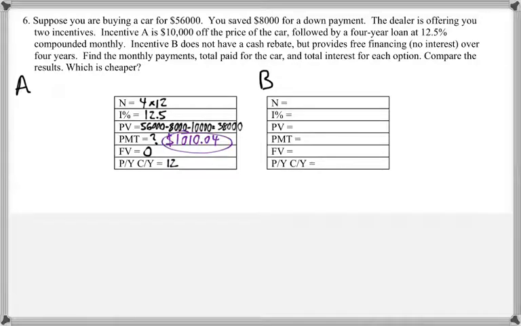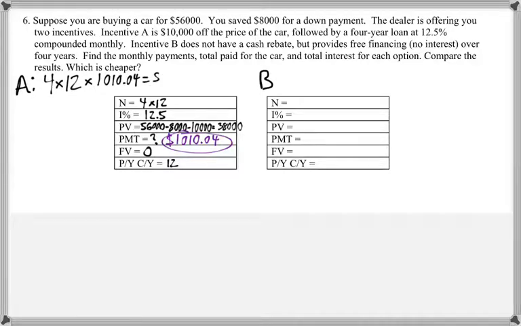Now they also want us to find the total paid for the car and the total interest for each option. So we need to first calculate the total of the monthly payments. So 4 years times 12 months per year times $1,010.04 per month.